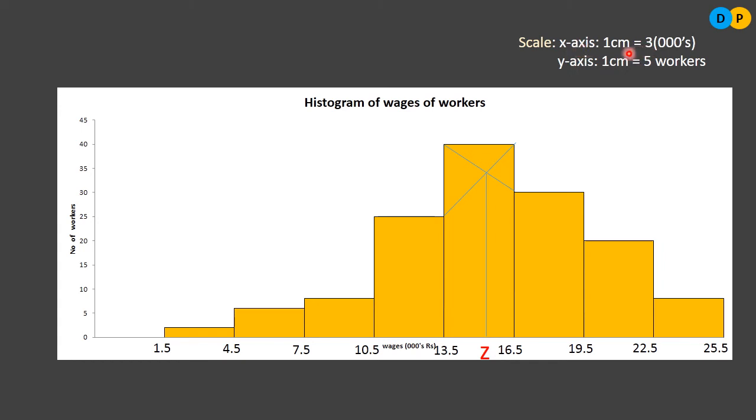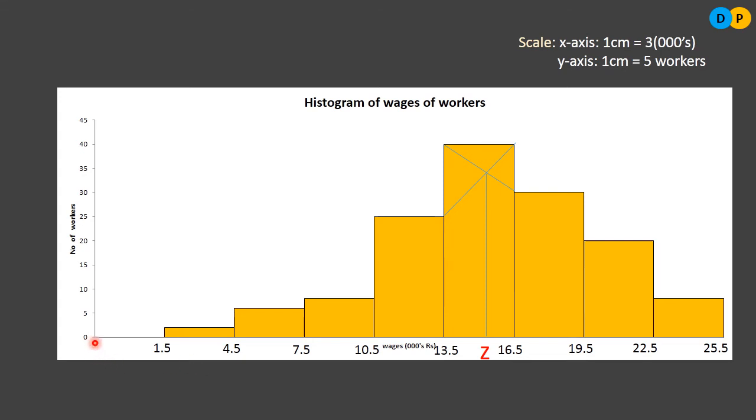It says that 1 centimeter is equivalent to 3000 rupees. So on the x-axis, 1 centimeter is measuring 3000 rupees, and on the y-axis, 1 centimeter is equal to 5 workers. You can say 5 workers, 10 workers, 15 workers, 20 workers, like that. Okay. So now let us plot the histogram.